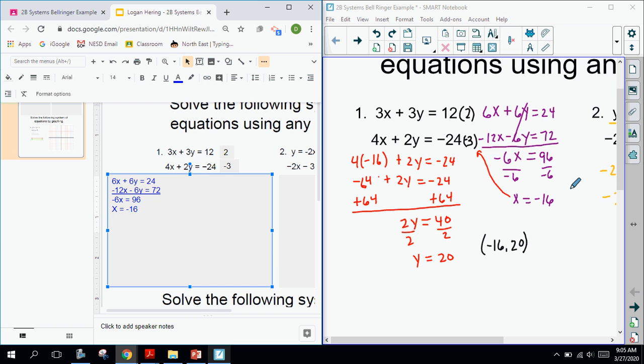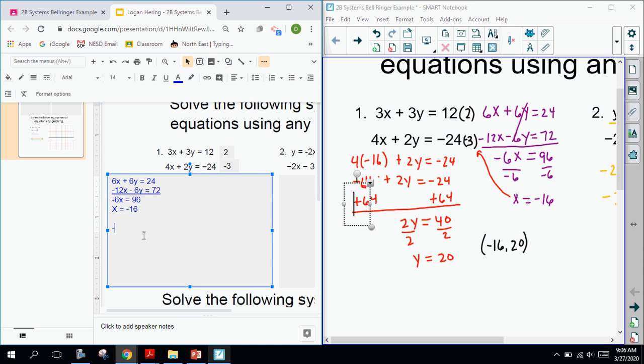All right, the next step was we were trying to solve for y. Like I said before, I didn't actually show the step where I plugged in. I can just say, oh, 4 times -16 and put the -64 here. So go ahead and do that over here in my Google slide. Oop, typing on the wrong side.